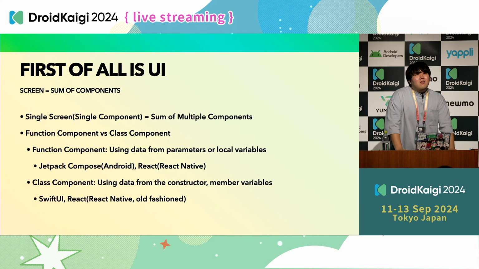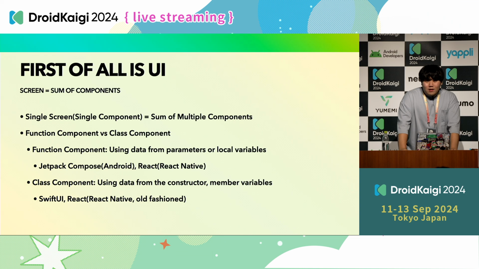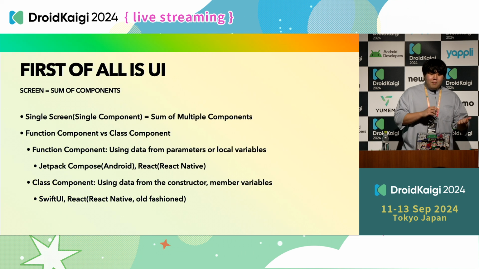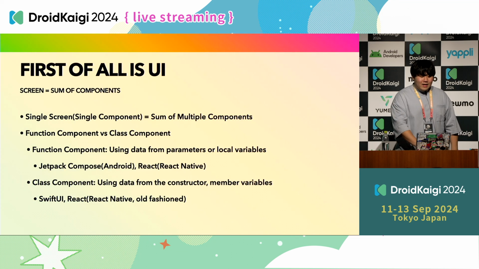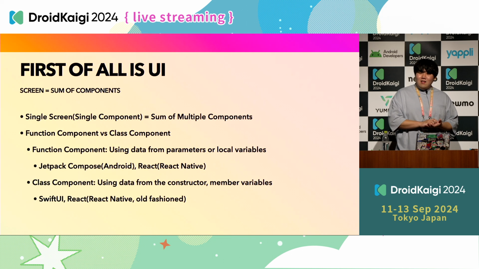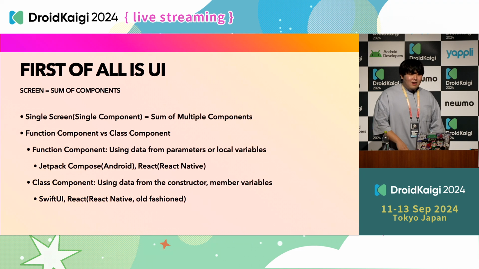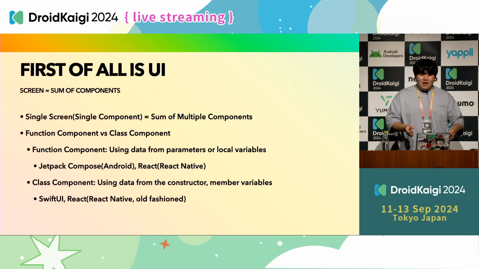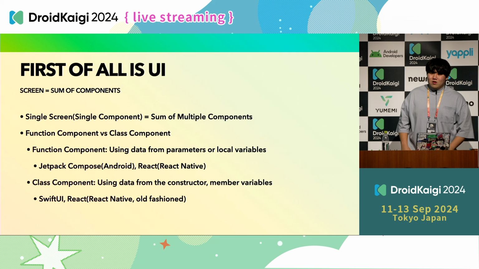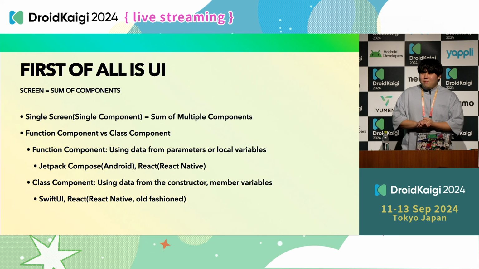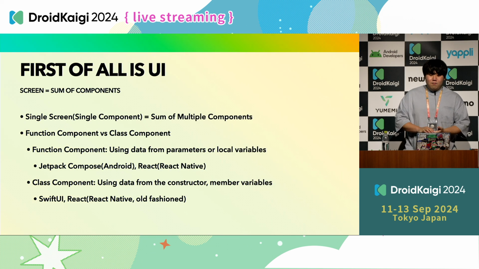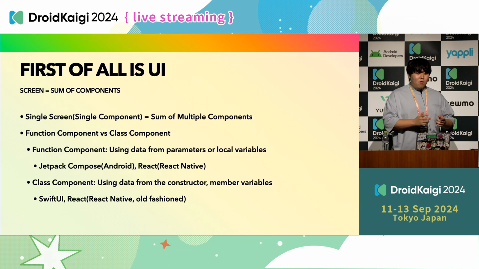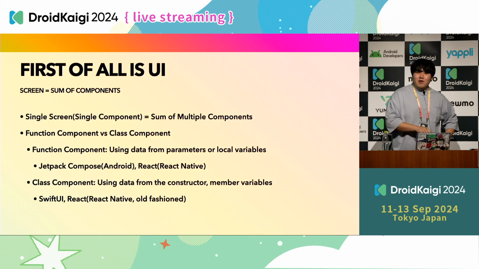Although in the past, React also allowed components to be created using classes. In the case of functional components, since there is no constructor, data is received through parameters or defined as local variables within the function. For class-based components, data is passed through constructors or defined in class member variables.